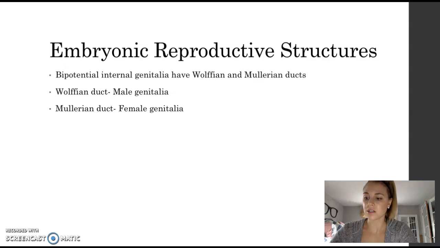So the Wolffian duct differentiates into structures in the male genital tract, and the Müllerian duct is where the female organs will develop from. In a fetus that's developing into a male, Sertoli cells of the testes secrete the Müllerian inhibiting hormone, which is also called anti-Müllerian hormone.